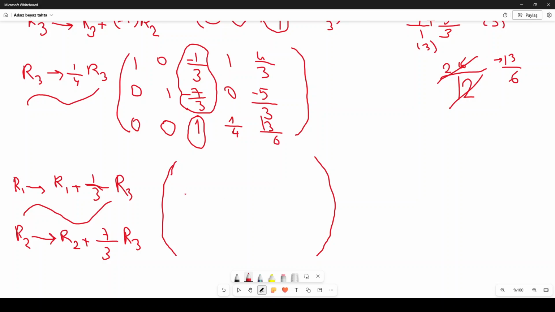Okay, and there is no change in the last row, so I just put the values of the last row right over here without changing them at all, so they're all the same. Okay, and what is changed is the first row as well as the second row.